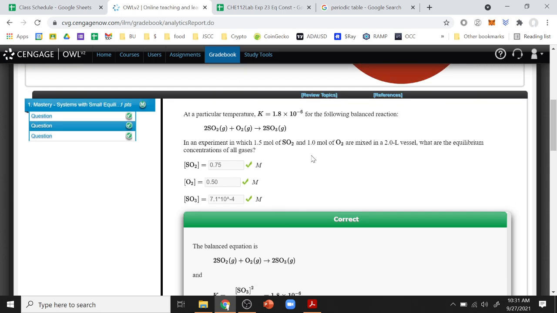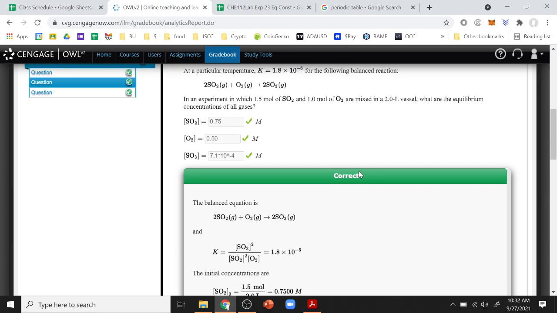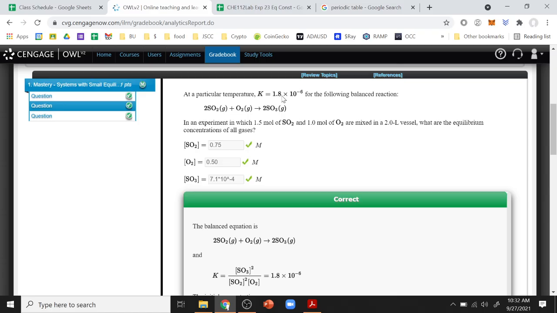You can use a concentration in this case because we don't have partial pressures, do we? We have something that's much easier to get into concentration: moles and liters. Concentration's fine. Notice we have K, which K with nothing next to it typically means a concentration, doesn't it?